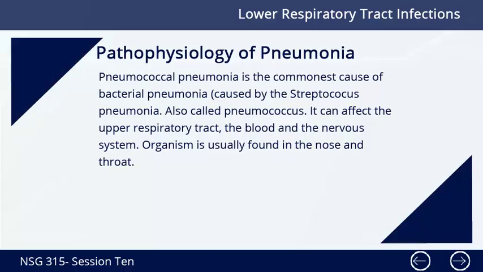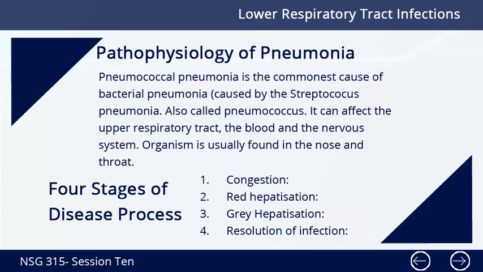Pathophysiology of pneumonia. Pneumococcal pneumonia is the most common cause of bacterial pneumonia, caused by Streptococcus pneumoniae, also called pneumococcus. It can affect the upper respiratory tract, the blood, and the nervous system. The organism is usually found in the nose and throat. 4 stages of disease process.